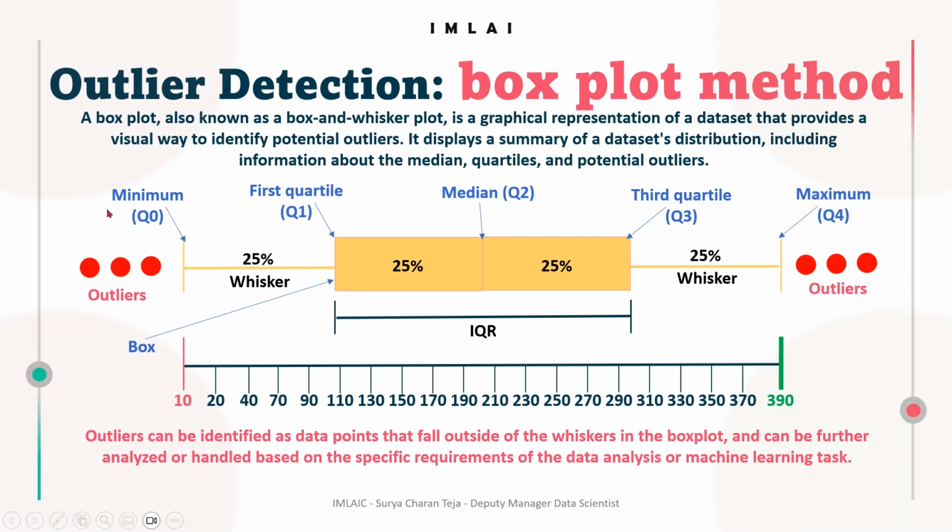So normally, the lower whisker extends from the bottom of the box to the smallest data point within 1.5 times the IQR below Q1.